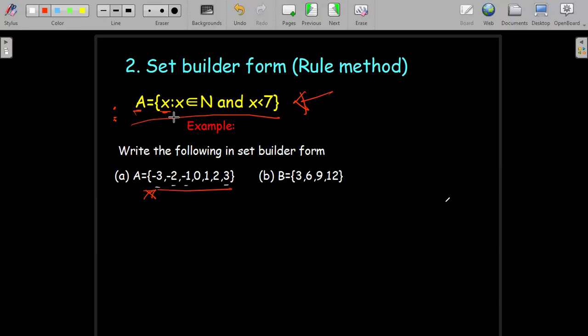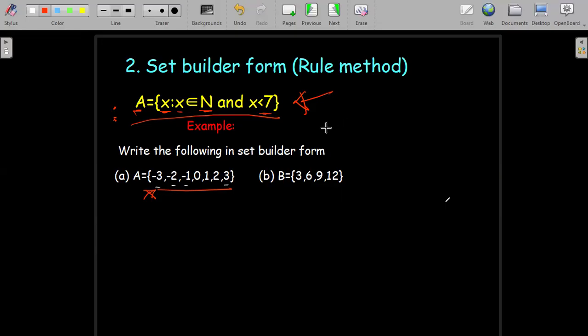Then here, the shorthand begins, where you describe what is in my set. This element is a natural number, is what this is saying. So x is a member of N, meaning x is a natural number. But also this element in my set is less than 7, is what this is given.